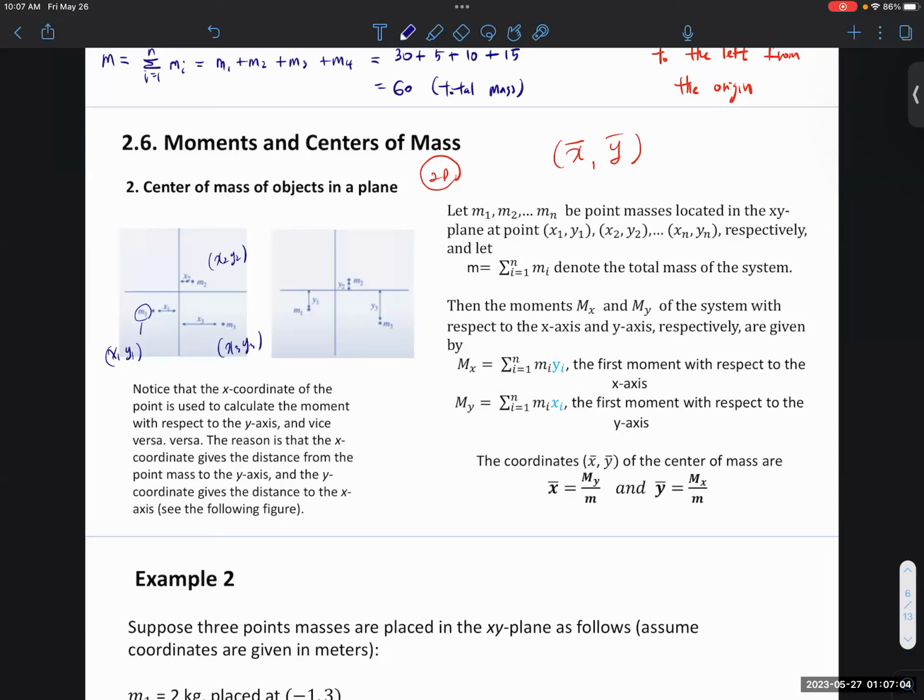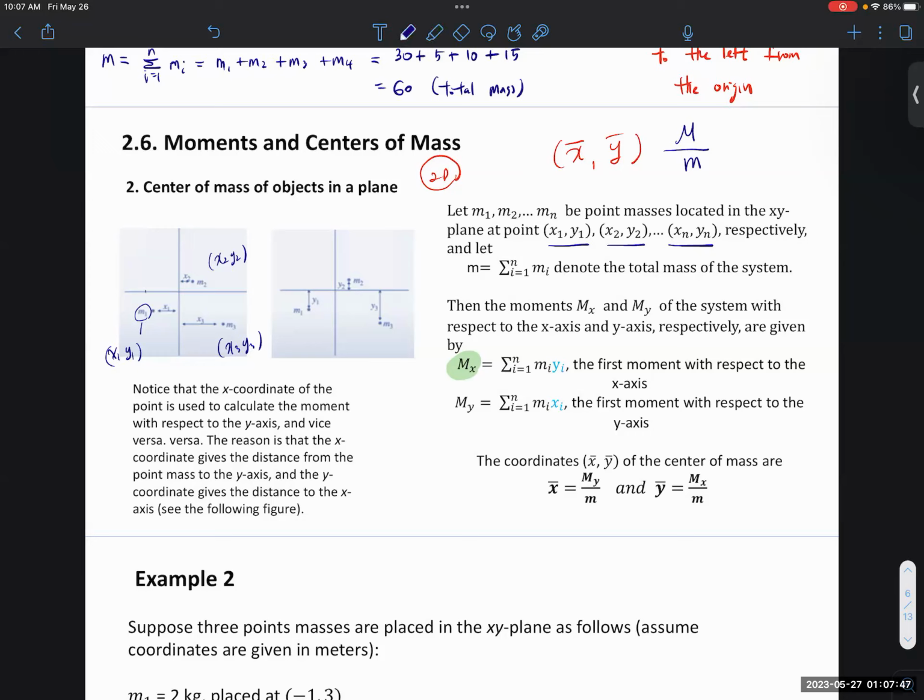So what I'm saying is how to find Mx. This is a total moment with respect to the x variable. Here you have multiple masses, and this m1 is far away on the x-axis to the left.